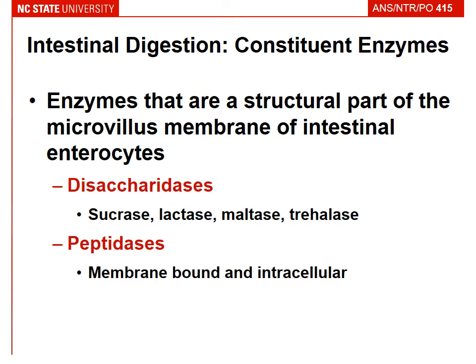Some of these peptidases are also intracellular, so some di and tripeptides are able to move into the epithelial cells, but once they get inside, these peptidases within the cell are able to break them down into the single amino acids.